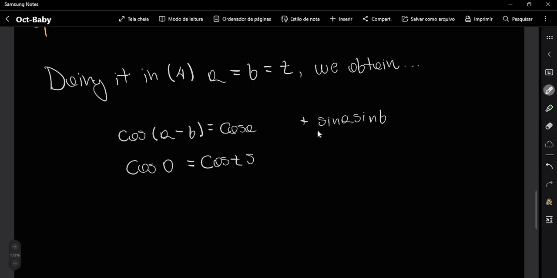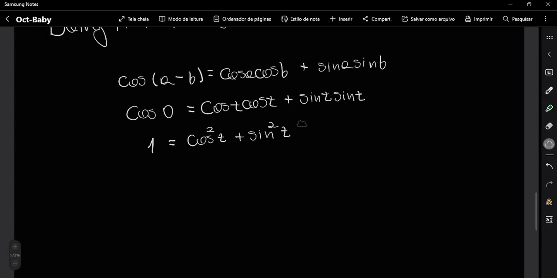And correct this, please: it's cosine of B. So cosine of T times cosine of T, because we are doing A equal B equal T, plus sine of T times sine of T. And cosine of 0 we know is 1, and now cosine square of T plus sine square of T.